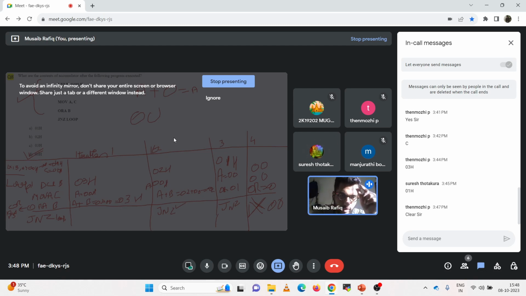Now B is 01, and B got decremented by 1, that is 00. C is always 0 and is moved to A, and 00 is ORed with B, that is 00. OR of 0 with 0 is 0. The contents of the accumulator after the OR operation are 0, so the condition is not met since it's not non-zero. That's why it will not go into the loop again, and the contents of the accumulator will be 00. Got it?